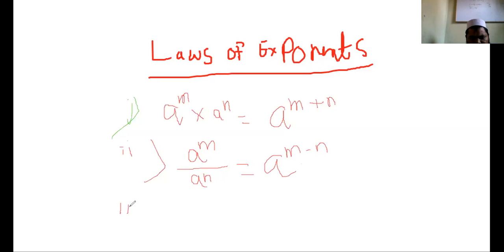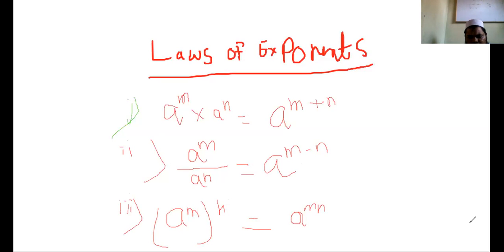Now the third law, power to the power: a to the power m, whole to the power n, can be written as a to the power m into n.